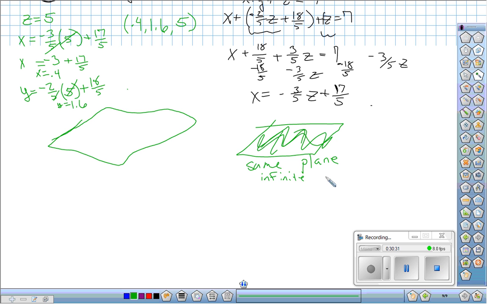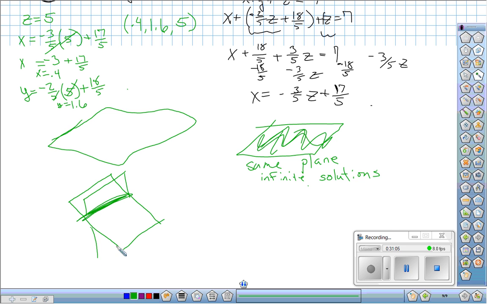So same planes, you can say they're identical. What you also might end up with, and this is not the case for this one, is that all three of your planes represent actual different planes, but they intersect in a line, which is really weird to draw, for me anyway.